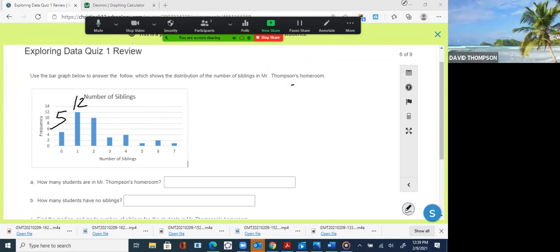Then there would be 10, 3, 4, 1, 2, 1. Just add them together. 5 plus 12 is 17, 27, 30, 34, 35, 37, 38. So adding all together, we get 38.